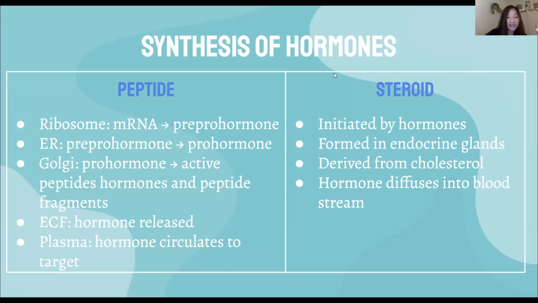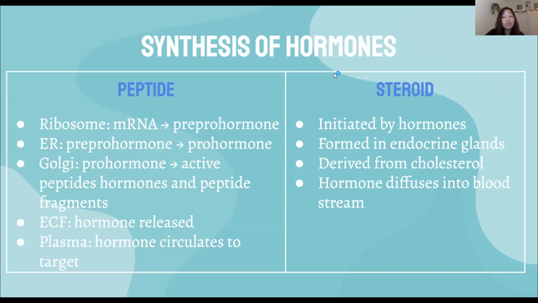For the synthesis of peptides, it first starts at the ribosome where mRNA is turned into the pre-hormone, and then it moves to the ER where it is cleaved and changed into the prohormone.